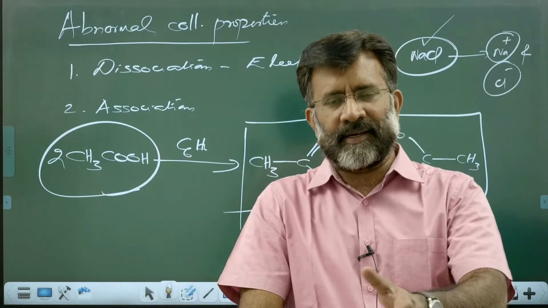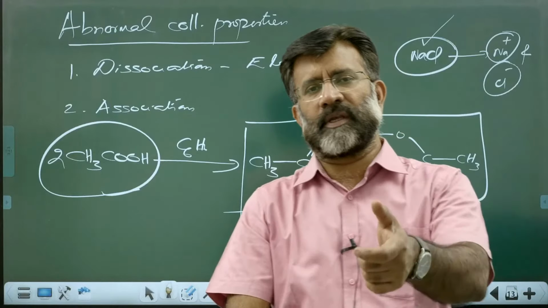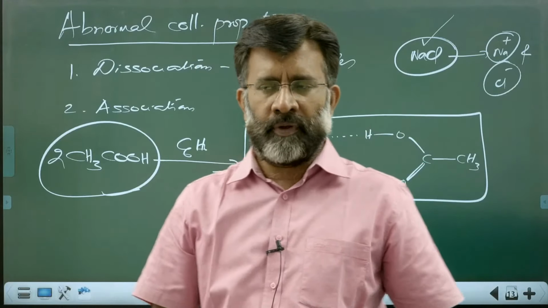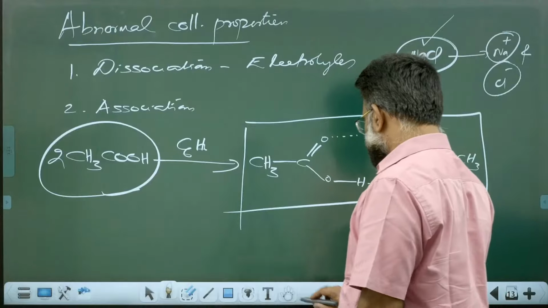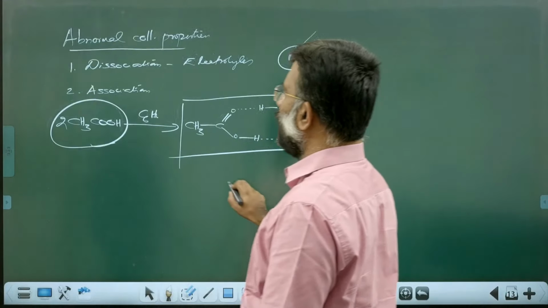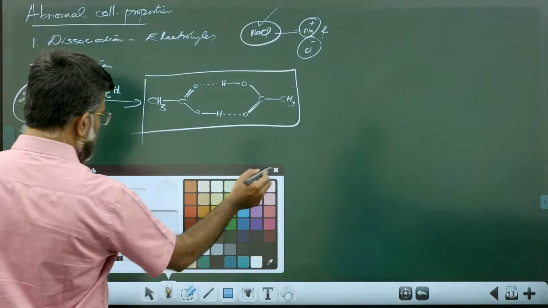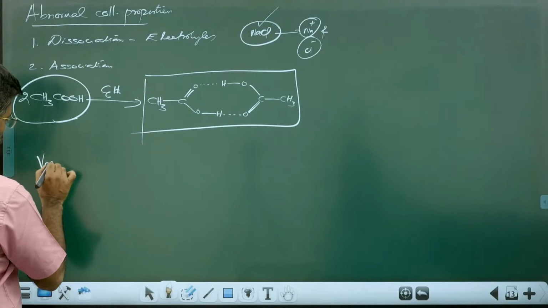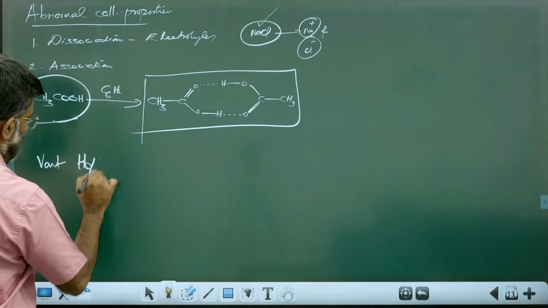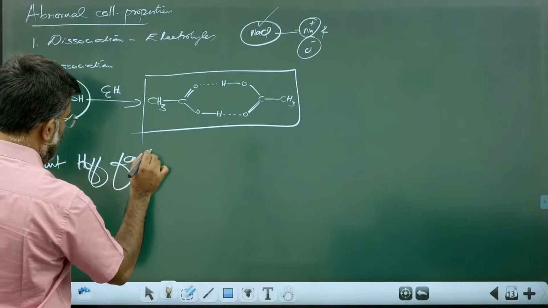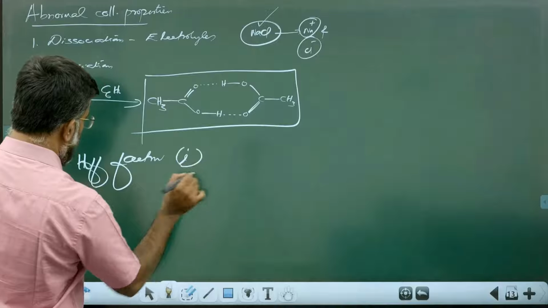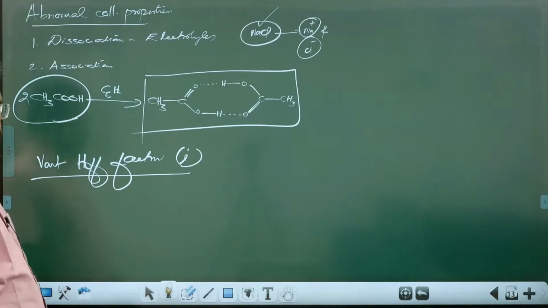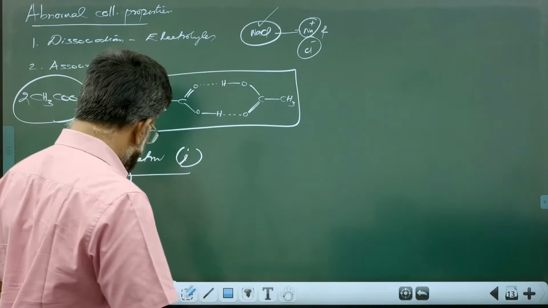It is corrected by introducing a term by Van't Hoff known as the Van't Hoff factor. He corrected the abnormalities by introducing the Van't Hoff factor, represented as i. What is i?